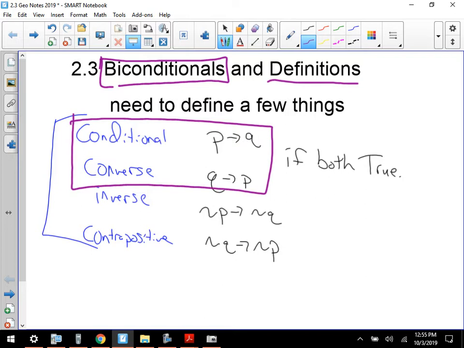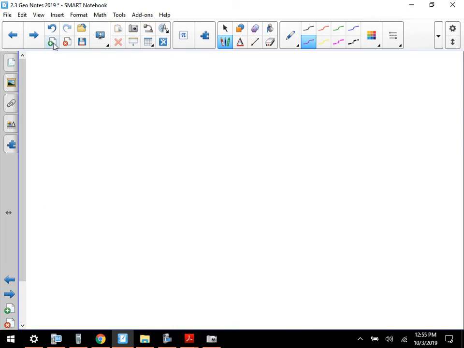A really simple, easy one to look at is a definition: acute angles measure less than 90. You guys agree with me on that one? You okay with that one? Acute angles measure less than 90.